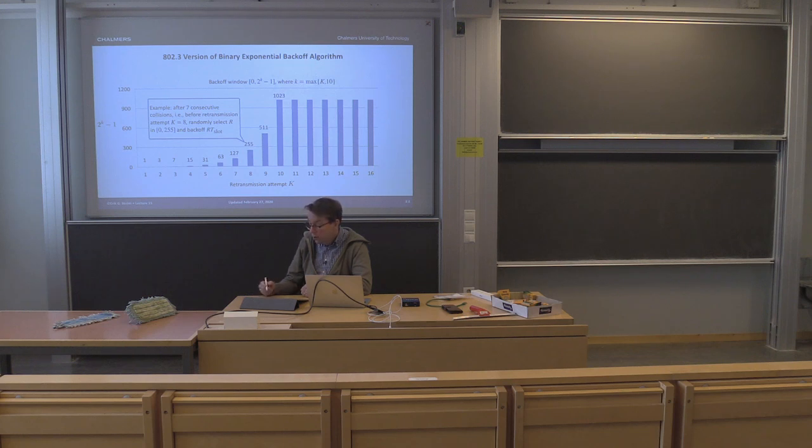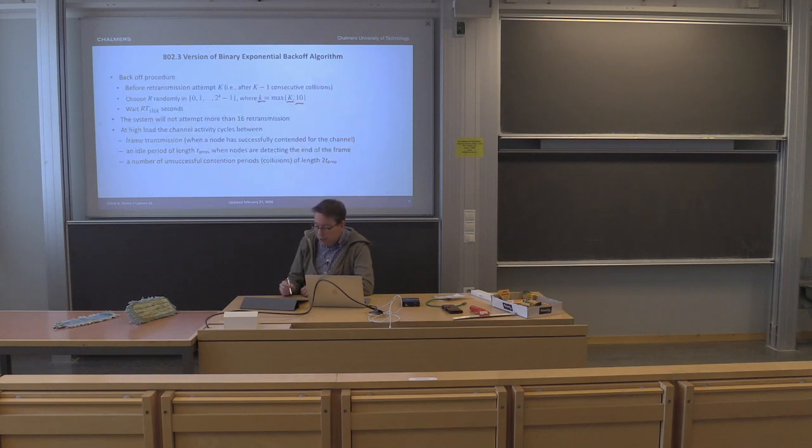After retransmission 16, we give up. So this is the max number of retransmissions. After 16, we think something is wrong. Maybe the cable is broken or whatnot. So we just give up. But going back here, so this is how backoff works. The system will not attempt more than 16 retransmissions.